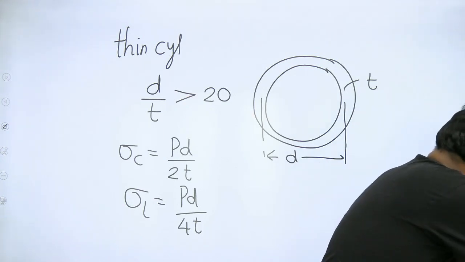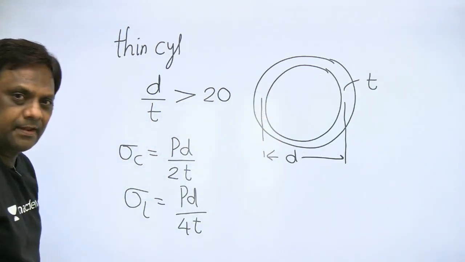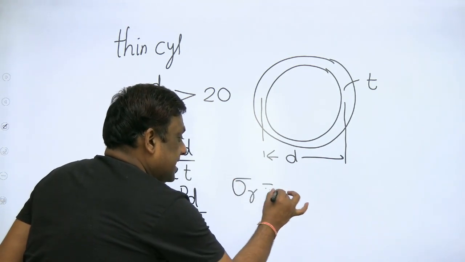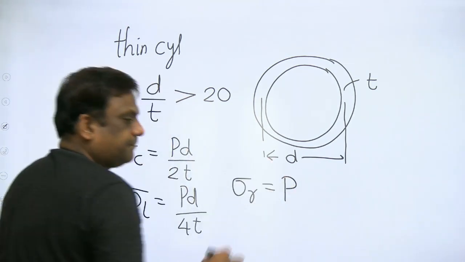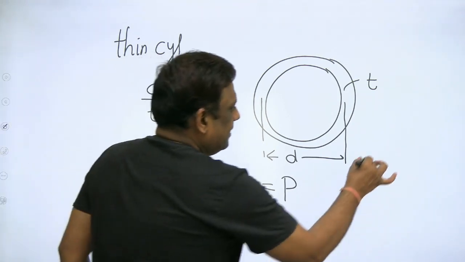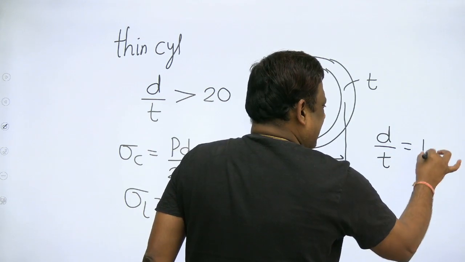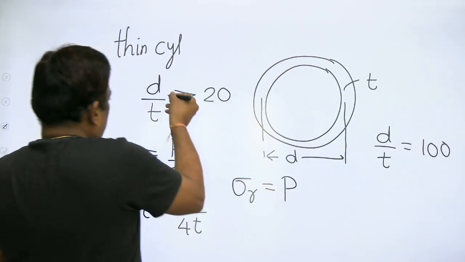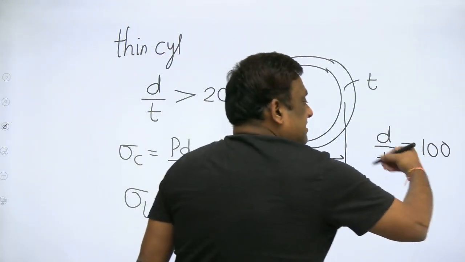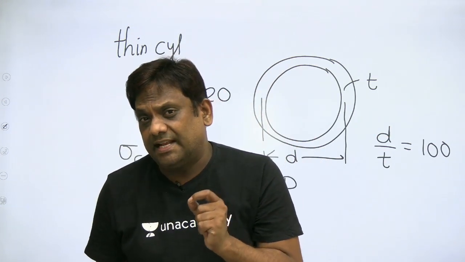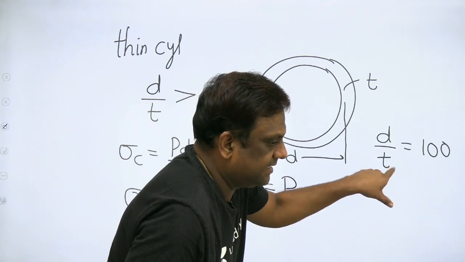Now the radial stress is nothing but what? Pressure. Let us take D by T as some 100. Obviously, when it is greater than 20, we call it a thin cylinder. So which dimension is less? It is thickness.